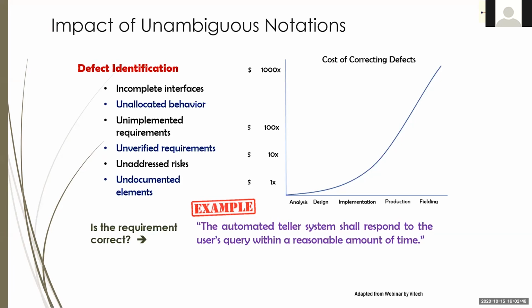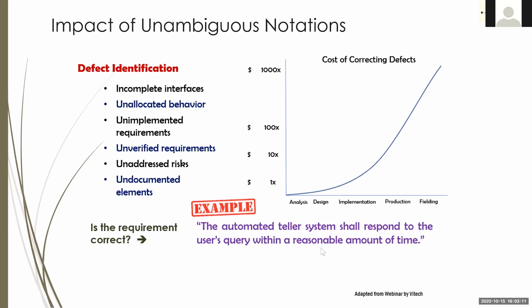Very good. In other words, what we need to do is quantify the requirement. Do you agree? So I put it in the chat. So the requirements have to be quantifiable.